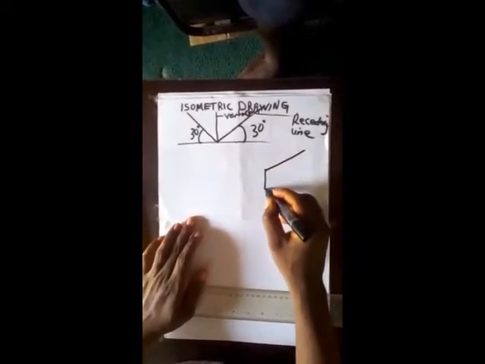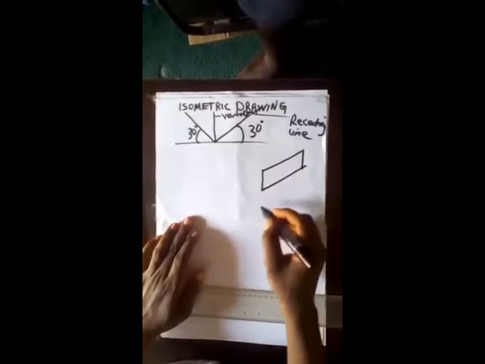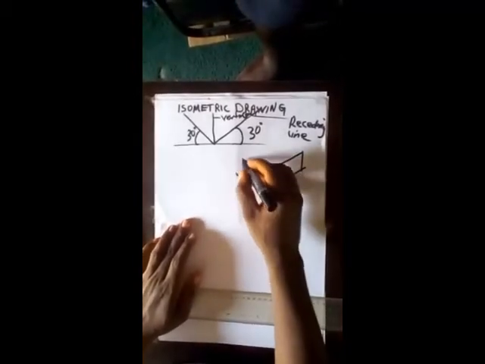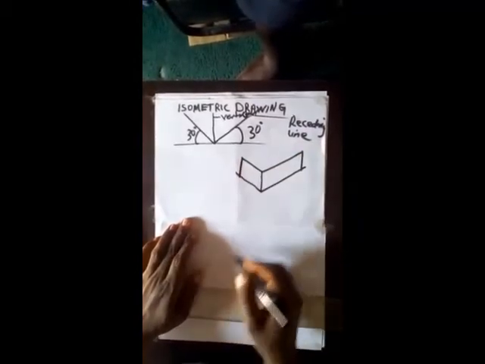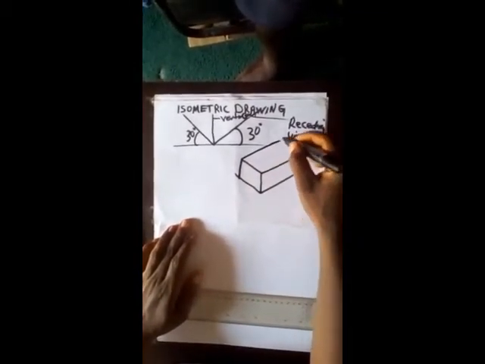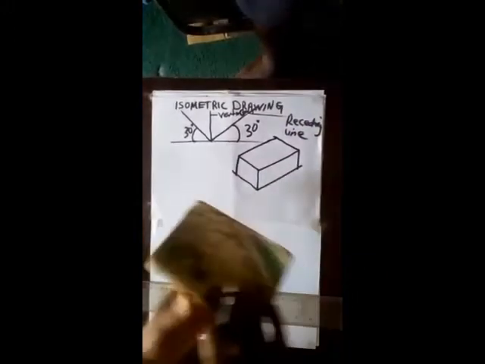You have this is the vertical line, the receding line. You have this is receding line, this is receding line, this is receding line. You have your block. This is the block that is here.